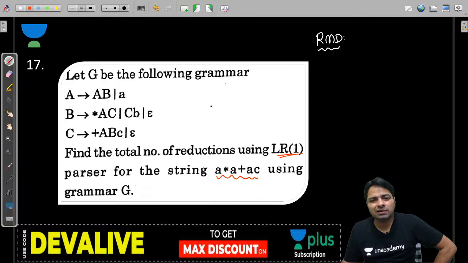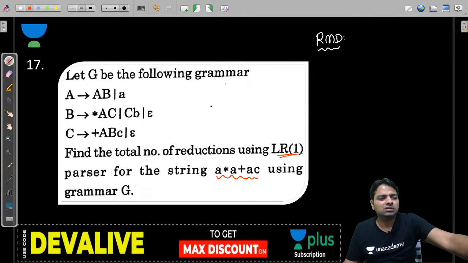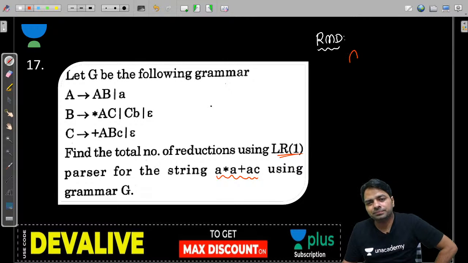So how do you get a star a? Sometimes it's very difficult because you are required to derive. So let me start with A. You substitute A with AB, and I'm going for B, but my target is C and A. So how to get C and A?